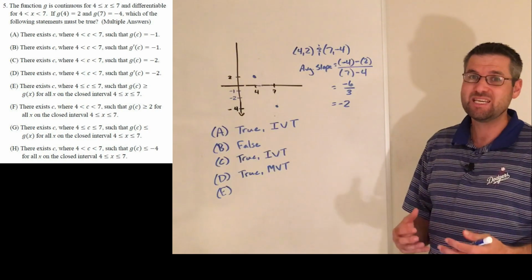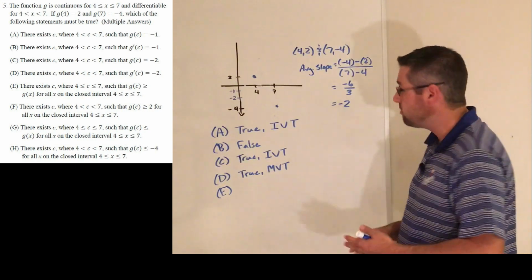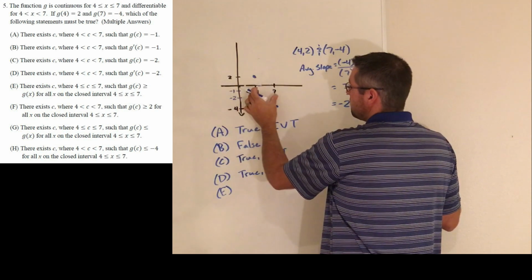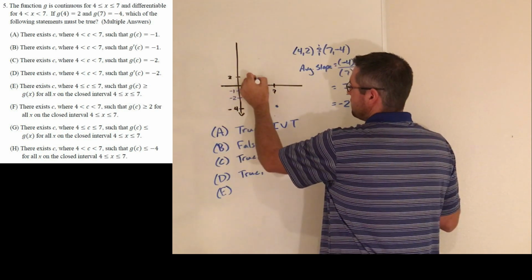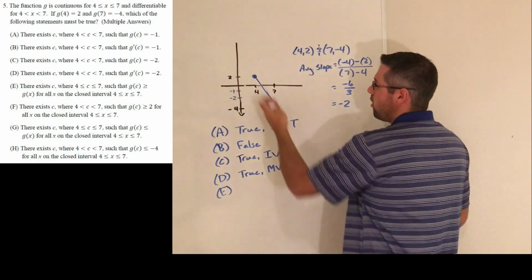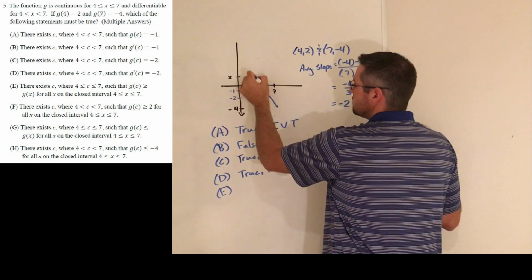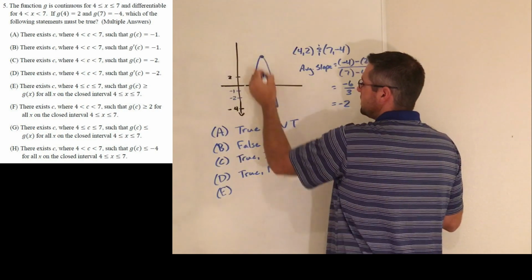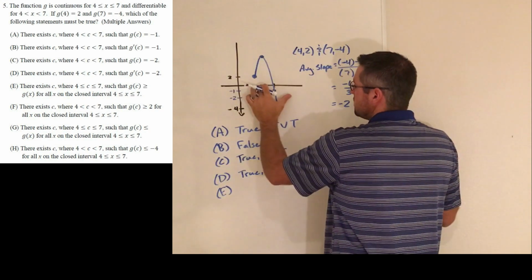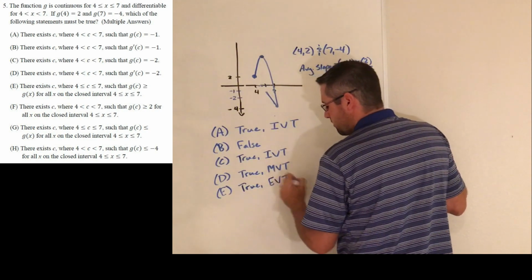Since the function is continuous over that closed interval, we have a theorem that says there will be a maximum and there will be a minimum. So some c value is going to produce a y value greater than all the other y values. If this graph was just a line, then this would be the point where g of c is greater than all the other values for the function. If the function went up and then down, then this point is the highest point. This is c, for which that value is higher than all the other values. So this one is actually true by the extreme value theorem.